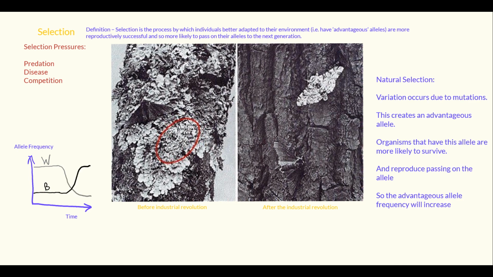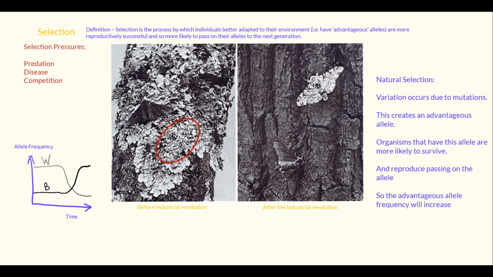So mark points wise, when we're looking at general selection, or in other words natural selection, we say variation occurs due to mutation. This can create an advantageous allele where the organisms that have this allele are more likely to survive and reproduce, passing on the allele, so the advantageous allele frequency will increase.